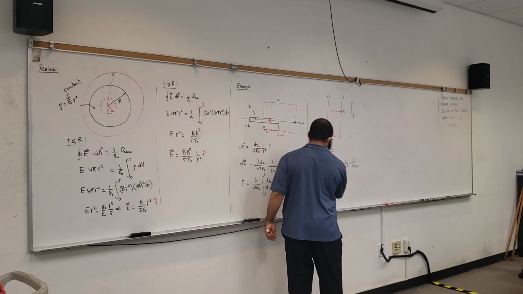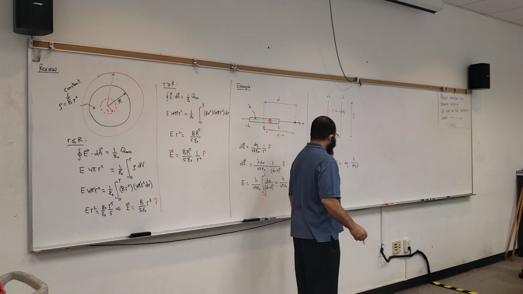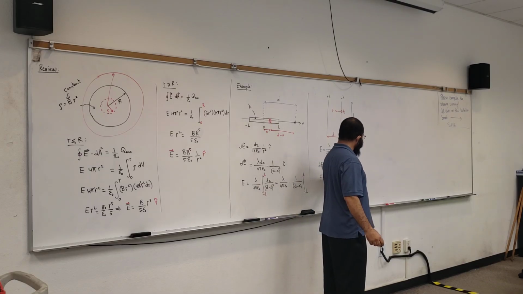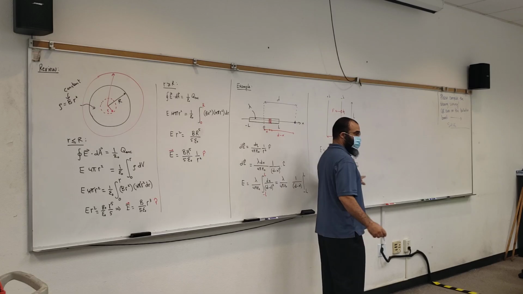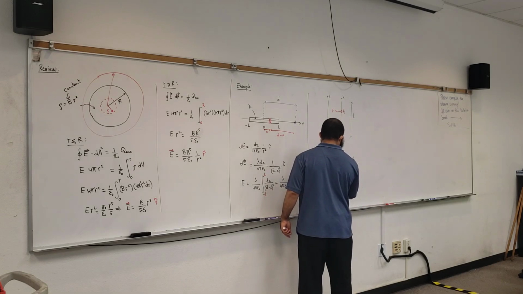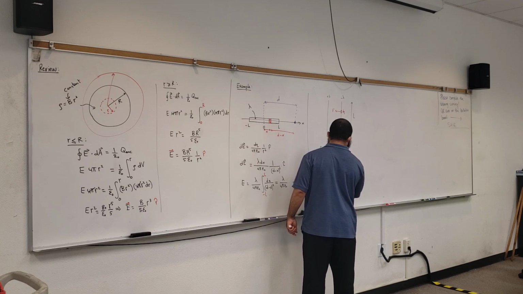So the total force would be an integral, right? But notice lambda is a constant, 2 pi, epsilon naught, and d, they're all constants. So it just becomes lambda over 2 pi epsilon naught d times the integral of dq.